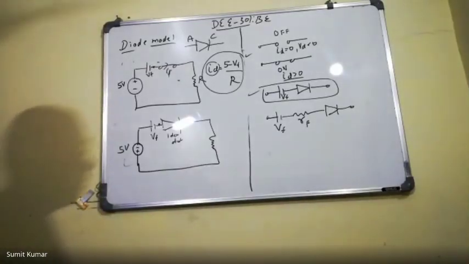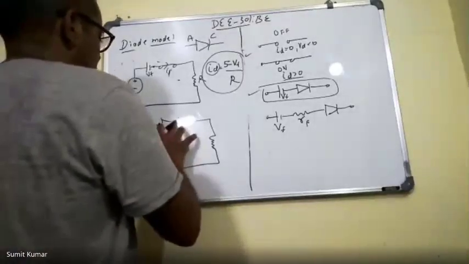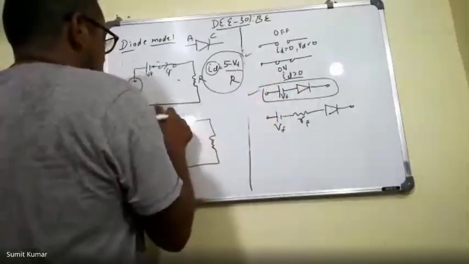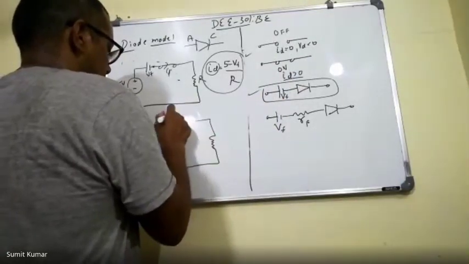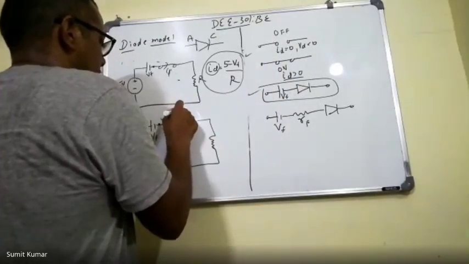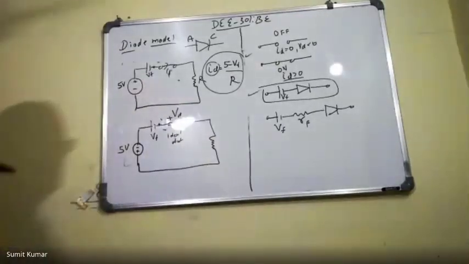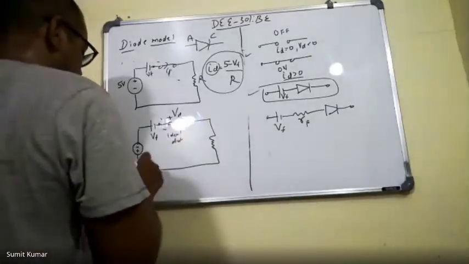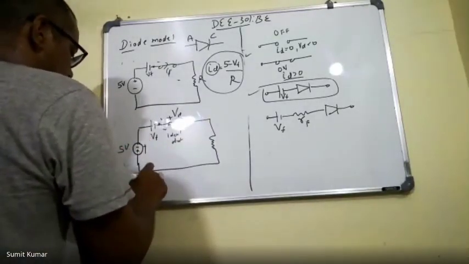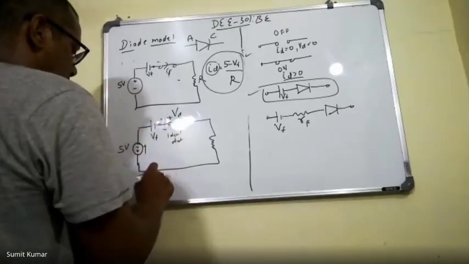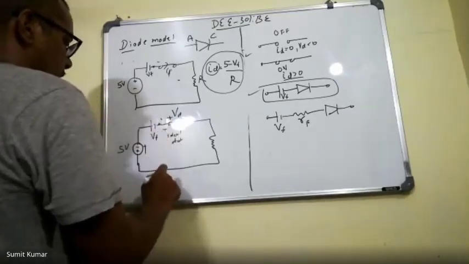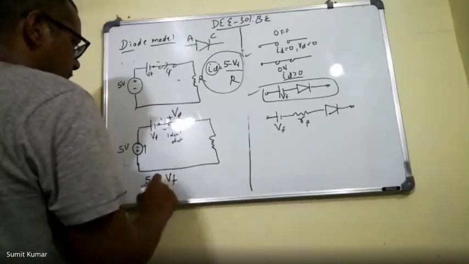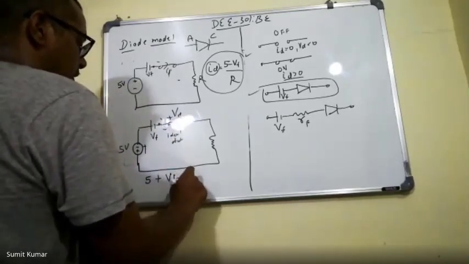Then the diode will be off. So we will replace the diode here with an open circuit, and let us suppose the voltage is Vd. Now we will try to calculate the Vd with the help of KVL. So here this is 5, and this is also positive to negative, Vf plus Vd.